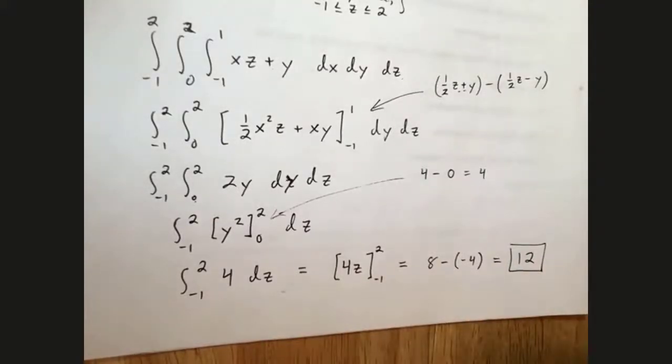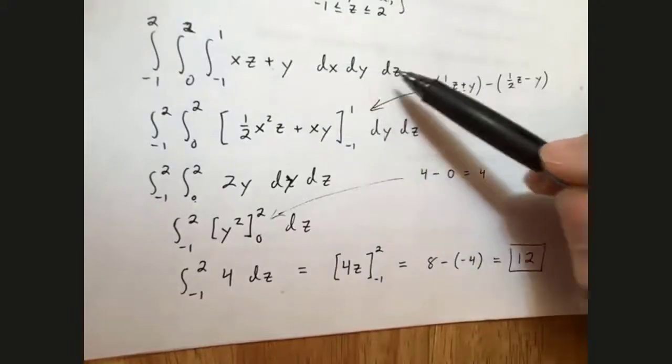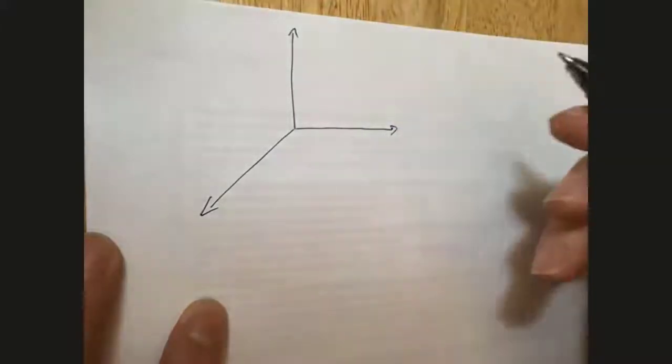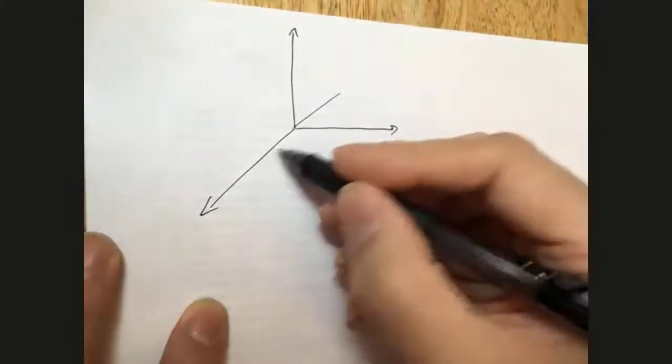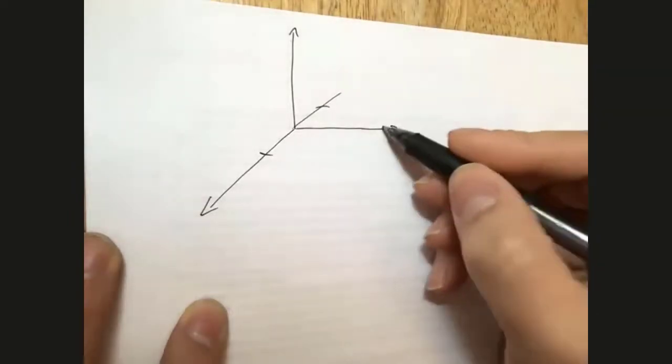Okay, like I said, you could do this one in any order. So you could try it dz dy dx or dy dz dx or something like that. You'll get the same answer every time. Let me just sketch the region that we were dealing with here. We said that x went from -1 to 1. So I guess my region went from here to here. Y went from 0 to 2.